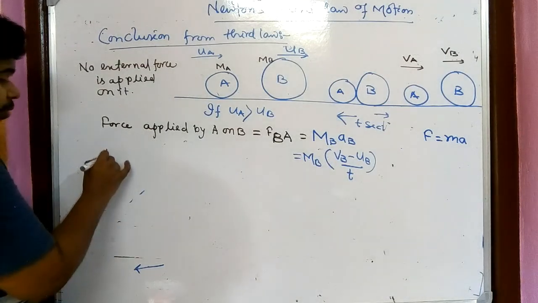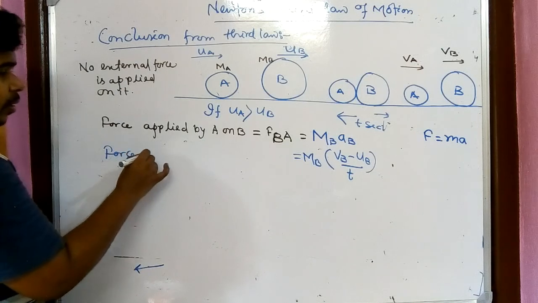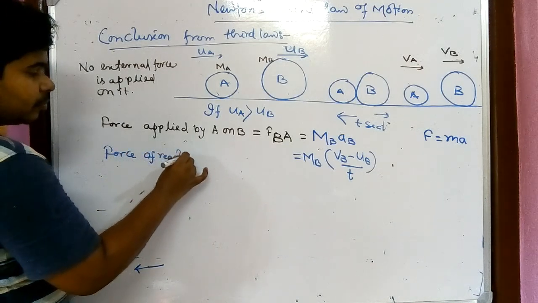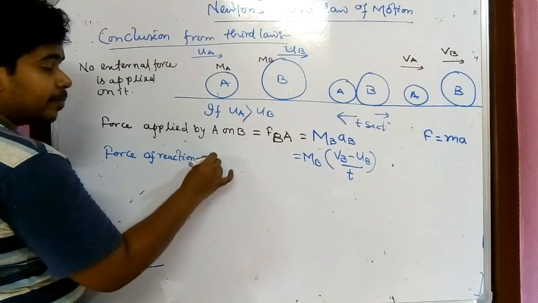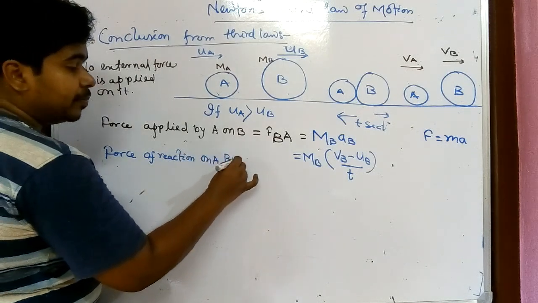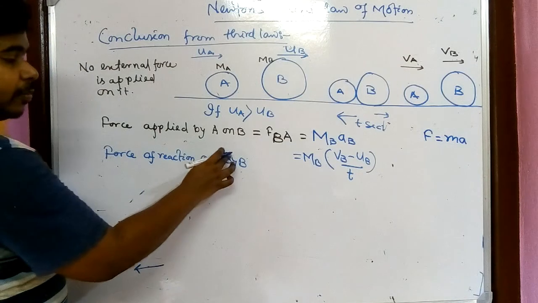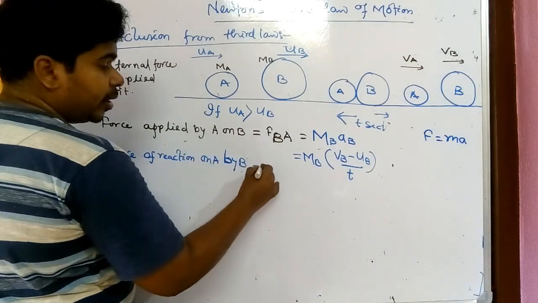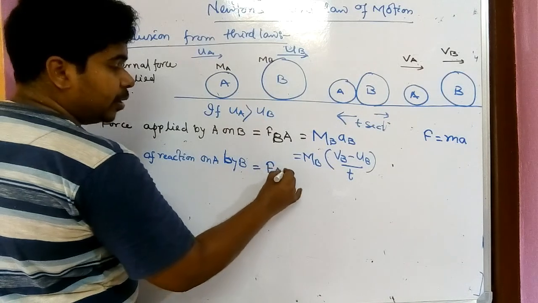Now we come to the force of reaction on A by B. Definitely B will give a reaction to body A, so that should be written as FAB.